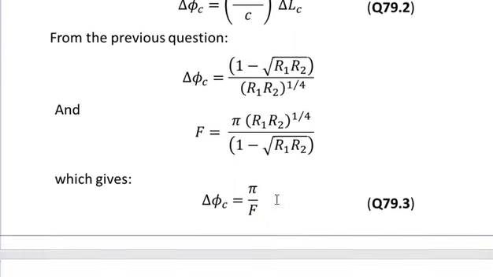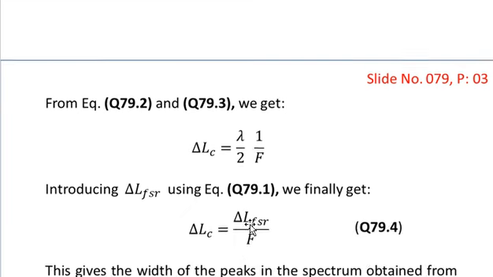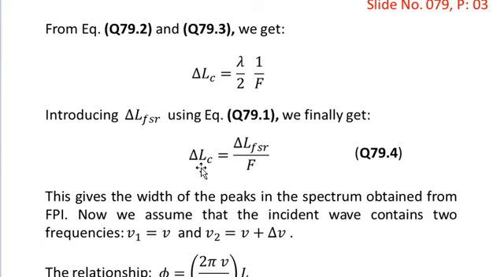So introducing that in this equation, that is replacing lambda by 2 with delta L FSR, we have delta LC, that is the width of each individual peak at its half maximum, equal to delta L FSR, that is the separation between the peaks, the free spectral range, divided by capital F, the fineness of the interferometer.